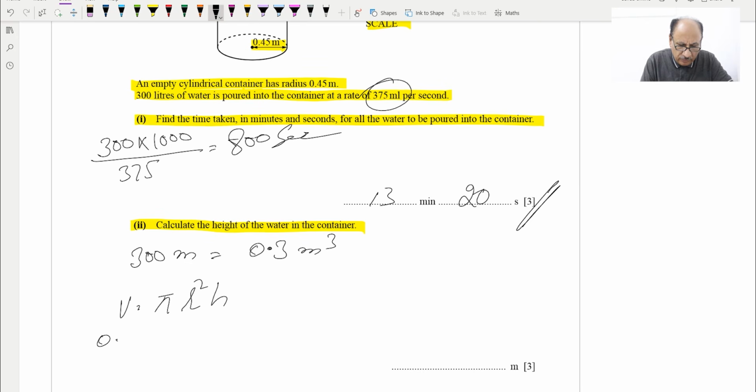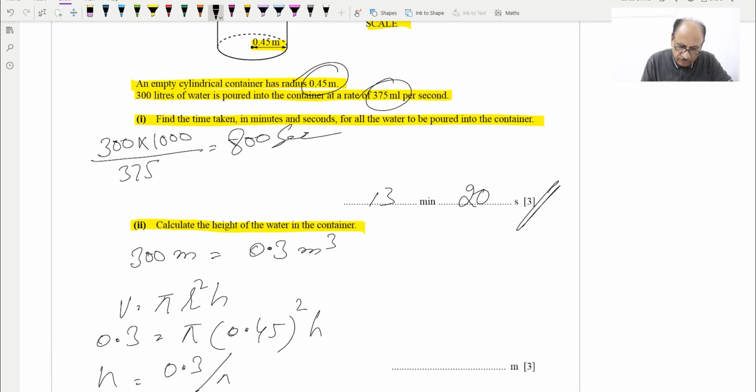So volume 0.3 is equal to pi, and r will be 0.45, which is given in the question, and square into h. So h will be equal to 0.3 divided by pi into 0.45 square, and this is what we can calculate.